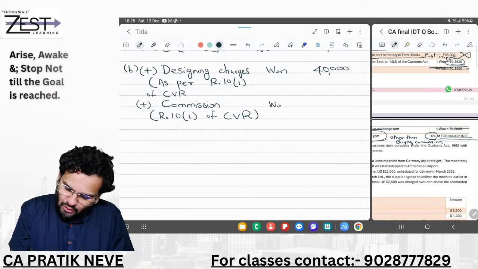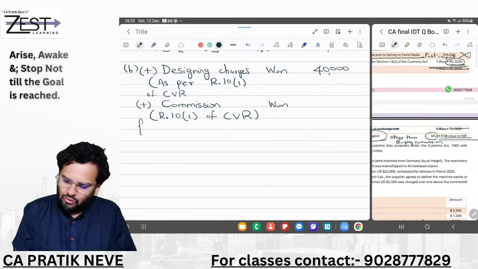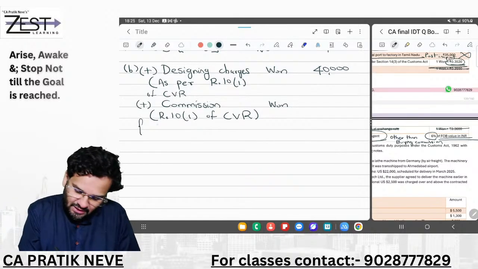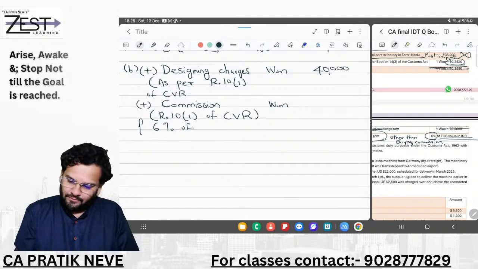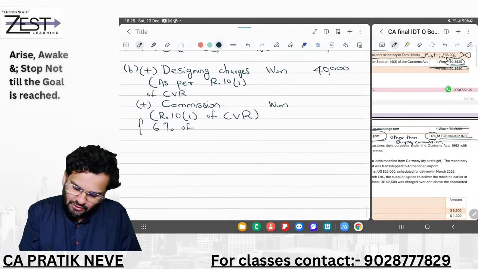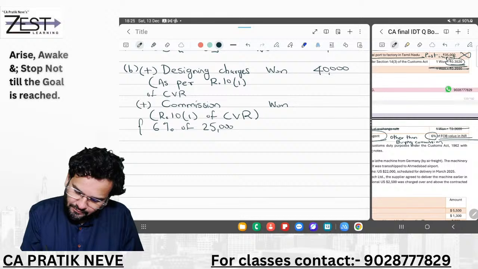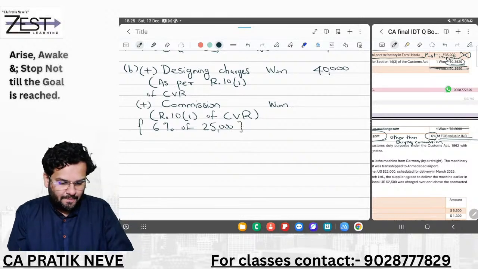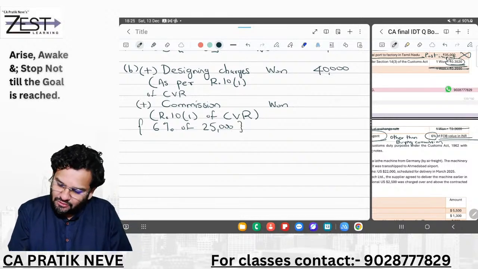It is also in foreign currency, and this commission is how much? It is 6% of 25,000. So isn't it 1,500?